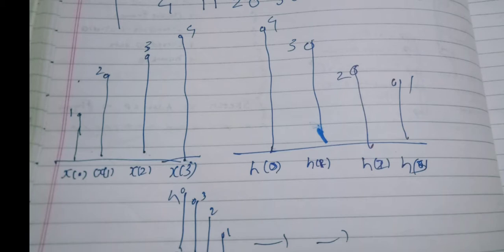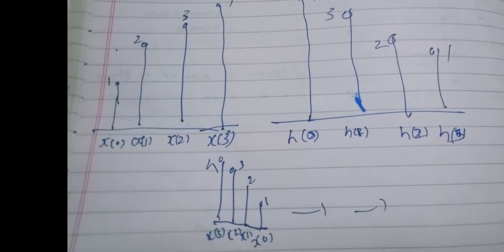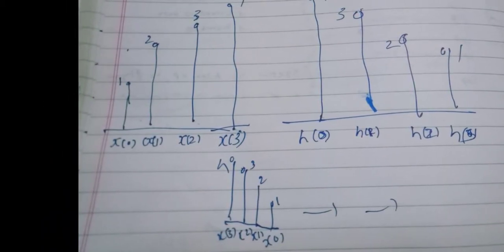Now I need to convolve these two signals, and I need to decide whether to make one function x of minus tau plus t, or h of minus tau plus t, by definition. You have to choose whether to take the inverse of the h function and delay it by t, or take the inverse of the x function and delay it by t. In my case I am inverting x; you can invert h also, the result will be the same.